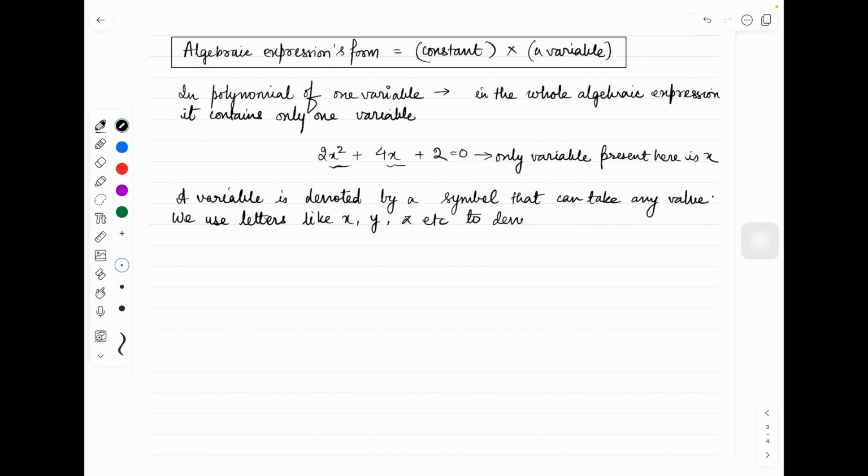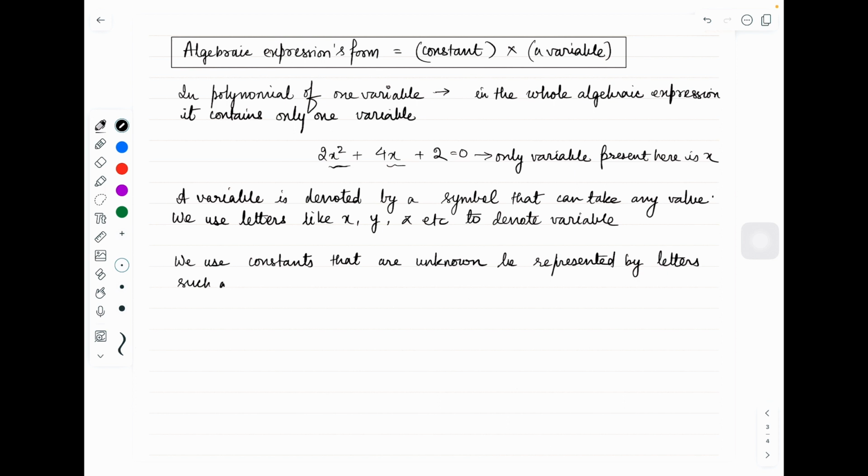to denote variables. See, in the English alphabet, from the end letters, x, y, z and all are used for variables, and from the starting end, that is a, b, c, we use for constants that are unknown to be represented by letters such as a, b, c, etc. Understood?